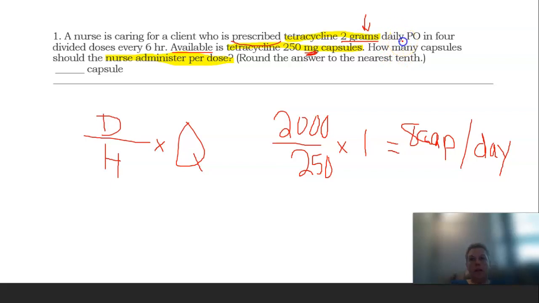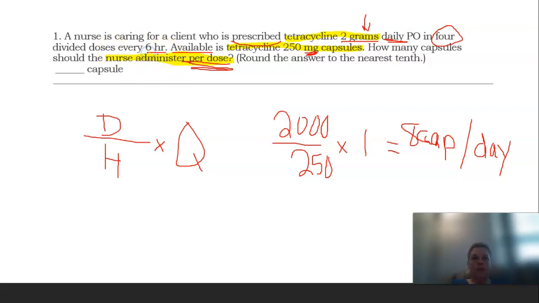Okay. So that's why this word is important. Because when I come down here, I notice, oh, I see they're asking me per dose now. Okay? Then I come back up and I say, well, how many times am I going to go in the room?